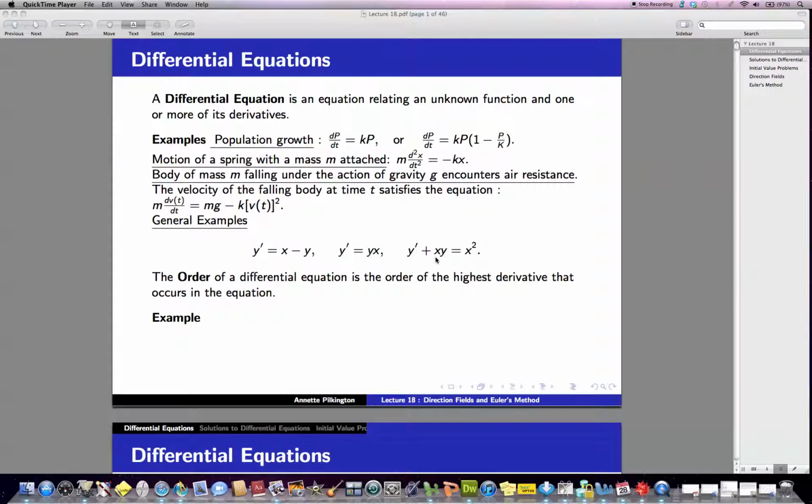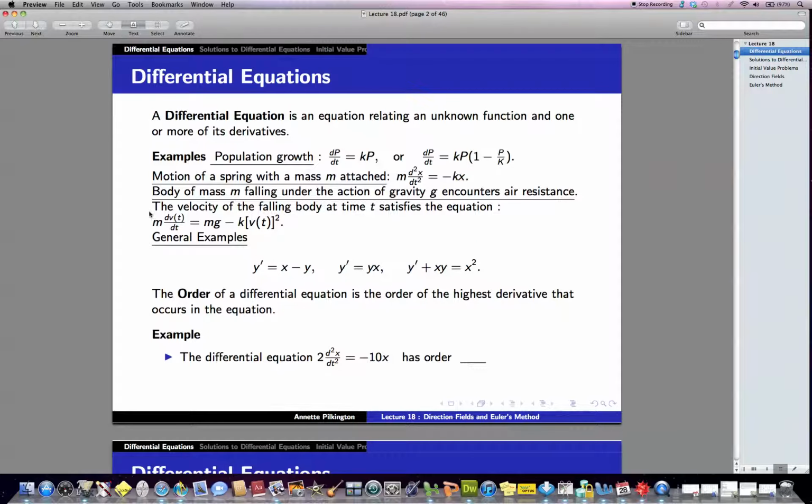The order of a differential equation in general is the order of the highest derivative that occurs in the equation. And so here we have 3 first-order differential equations. And of course the solution to these differential equations is some function y, which is a function of x.